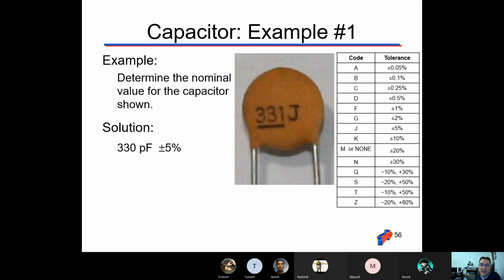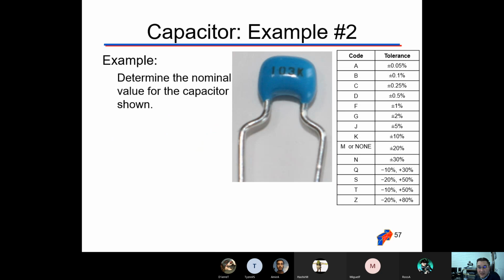All right, and the next one also has a chart, so I'm going to go ahead to the next one too. Okay, so this one would be a 1, a 0, and then 3 zeros. So then you'd have 3 zeros after it. And then again, picofarads.